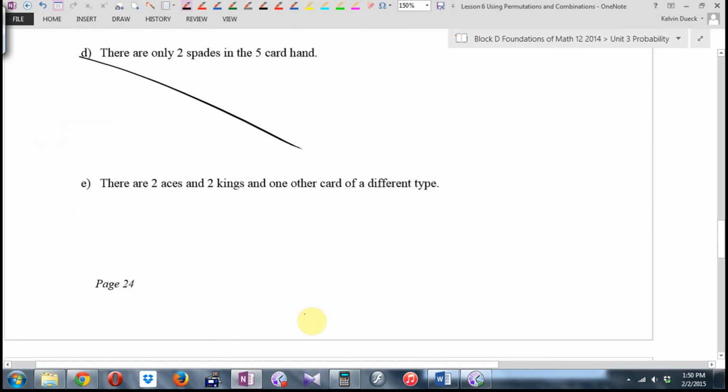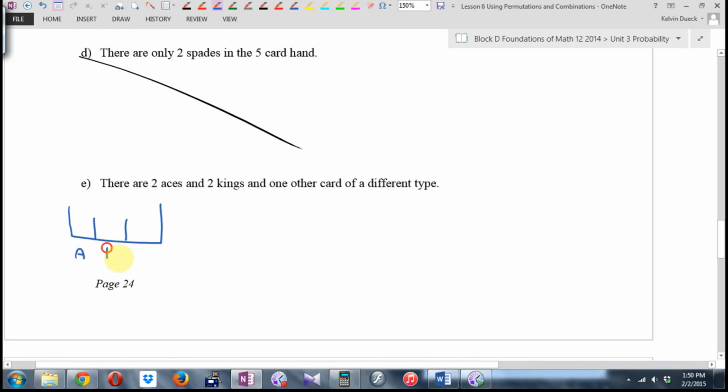2 aces, 2 kings, and 1 other card. Is it a good hand or a bad hand? 2 pair, 2 high pair, pretty good hand. How many divisions are there going to be in my bucket? 3.